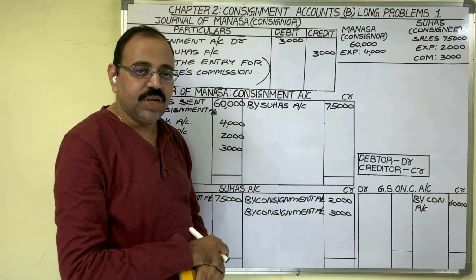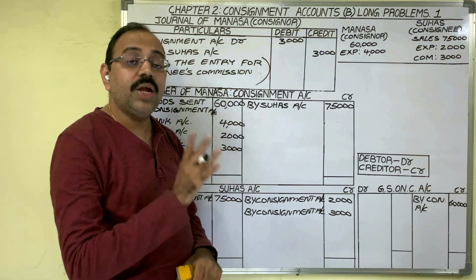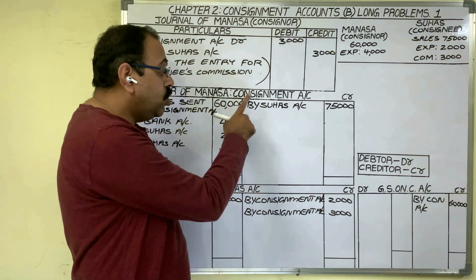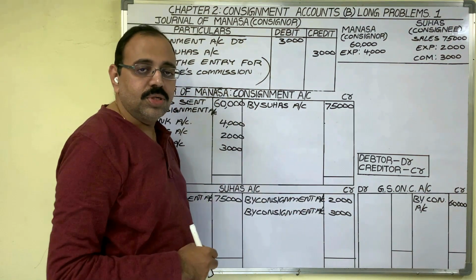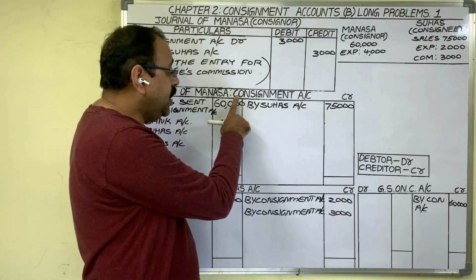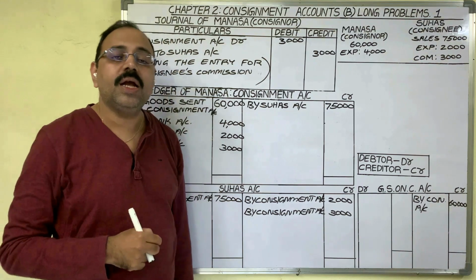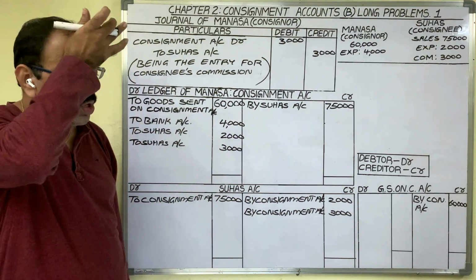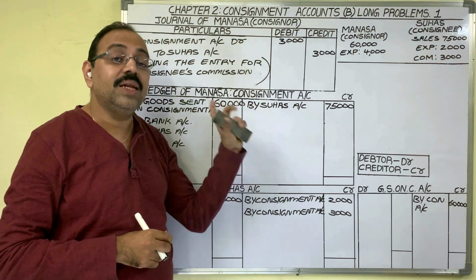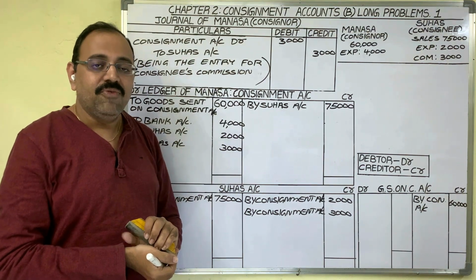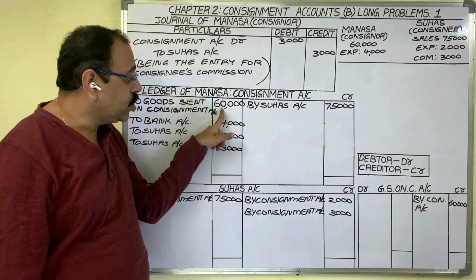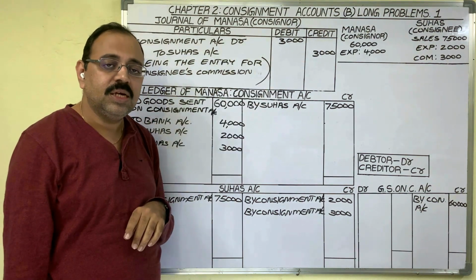We wrote journal entries. Now, we have to write the journal entries to close these three accounts. First, let us see how to close consignment account. Why are we preparing consignment account? To know the profit or loss in consignment business. We sent 60,000 worth of goods on consignment basis.